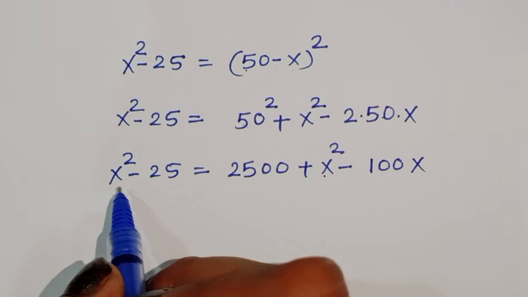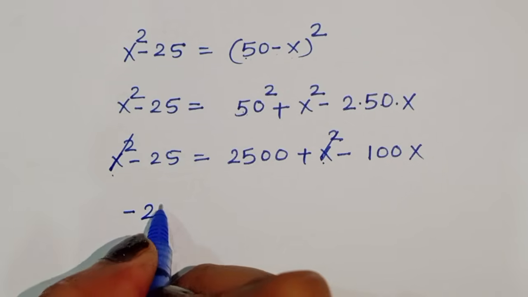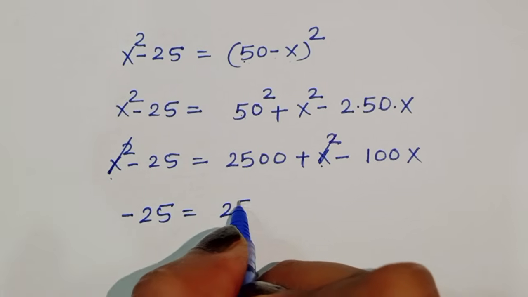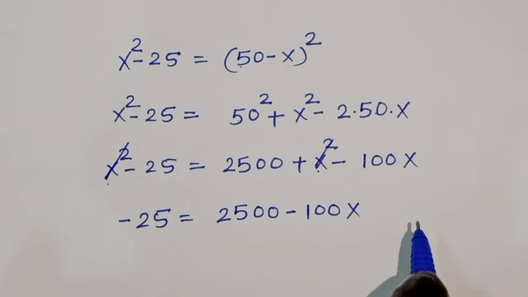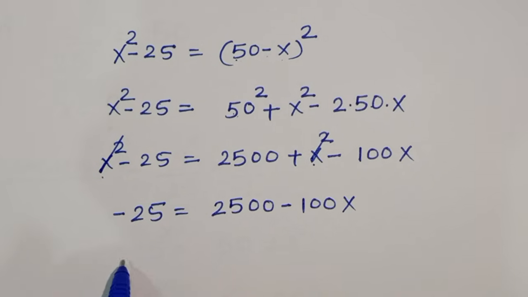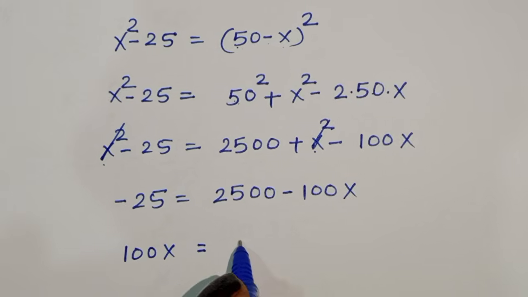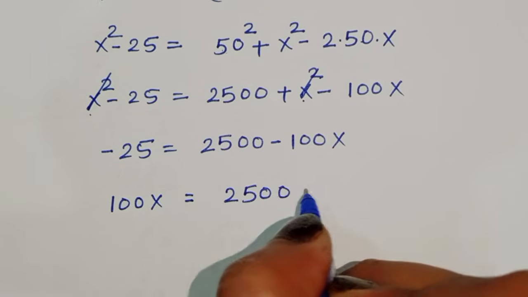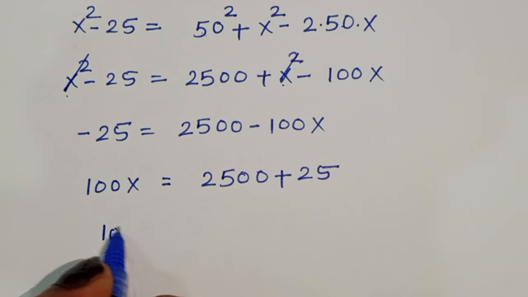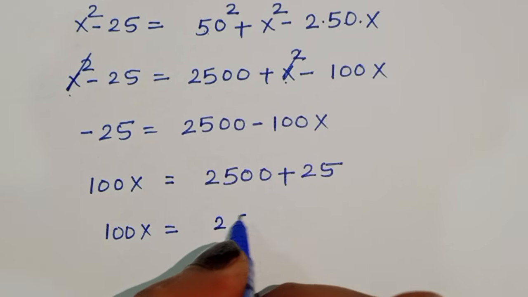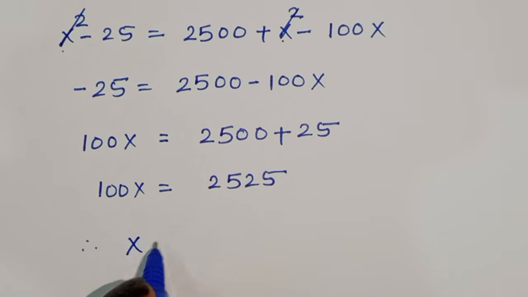Now x square and x square cancel. So minus 25 is equal to 2500 minus 100x. Then 100x is equal to 2500 plus 25, so 100x is equal to 2525.